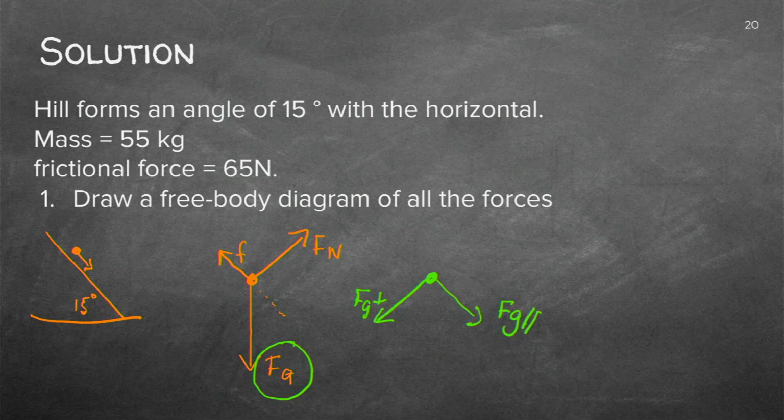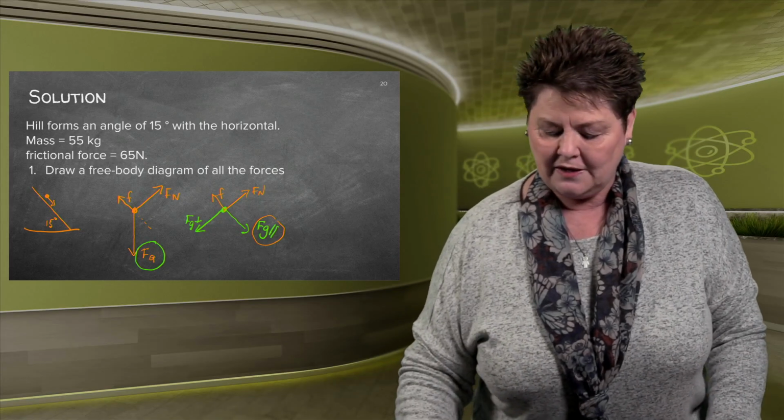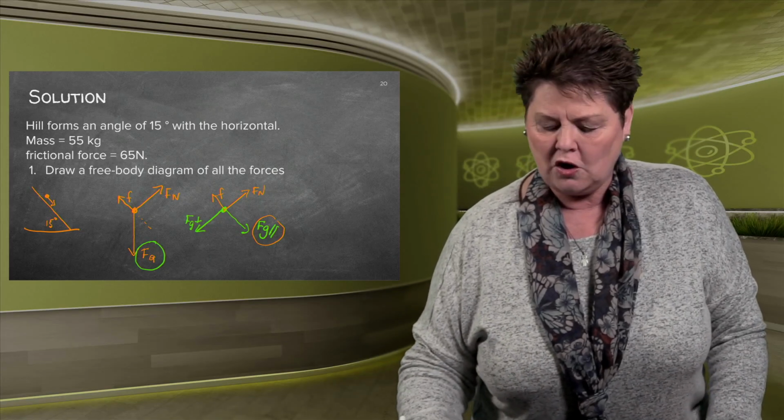Guys, be careful, because this is the one you're going to work with, since the normal is on that side and the friction is on that side. So make sure you've got the right forces in order to calculate the force values, obviously, and then the work.